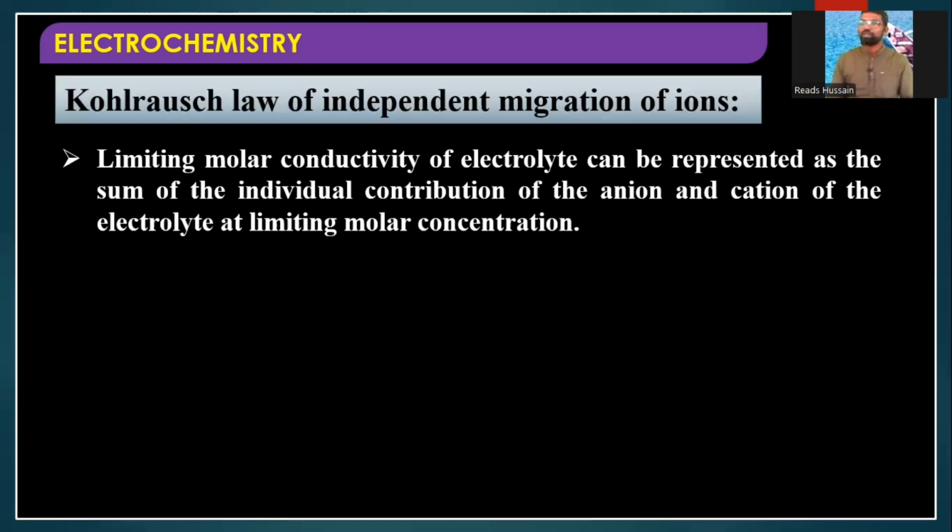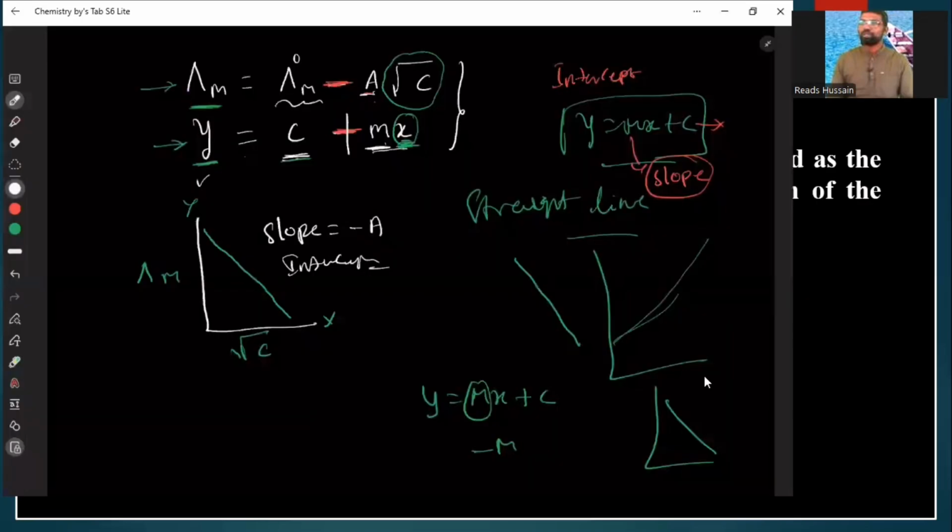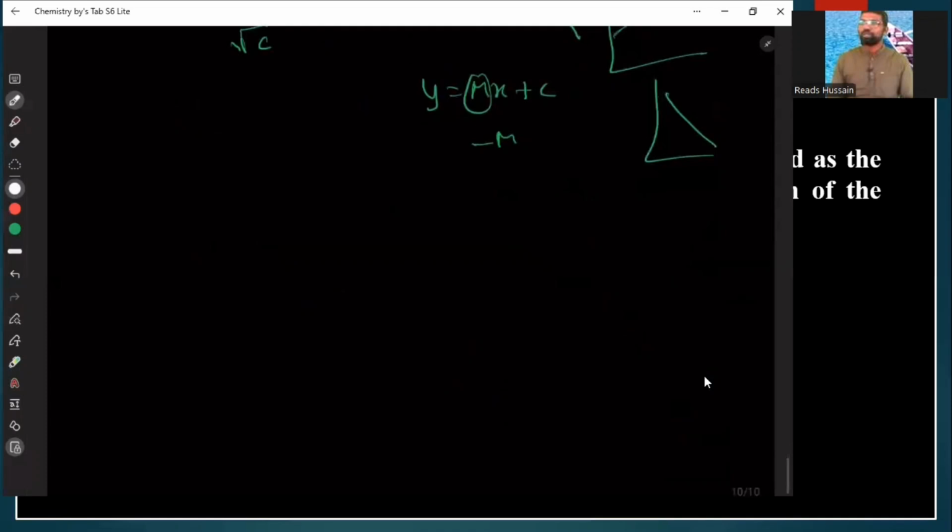I'll take my tab and try to explain this. Suppose limiting molar conductivity is lambda naught. Why do we put the 0? This 0 represents zero concentration.